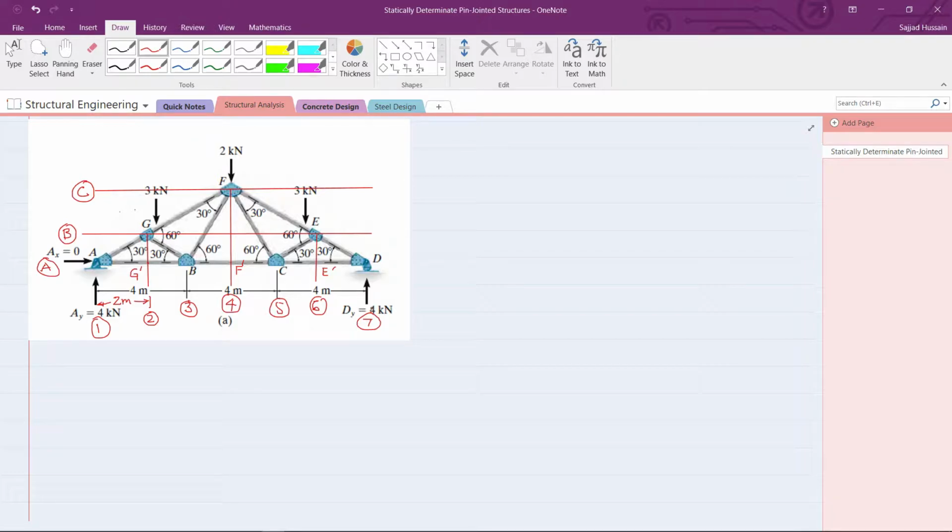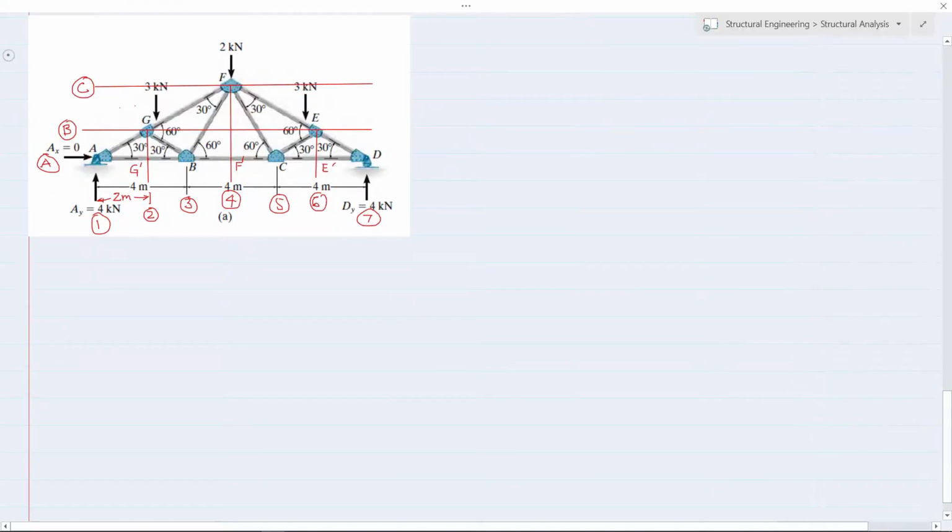So let's use our basic trigonometric skills. Okay, so if we consider triangle A, G and G dash, we know that tangent of theta, 30 degrees, will be equal to GG dash divided by the base, which is 2 meters.